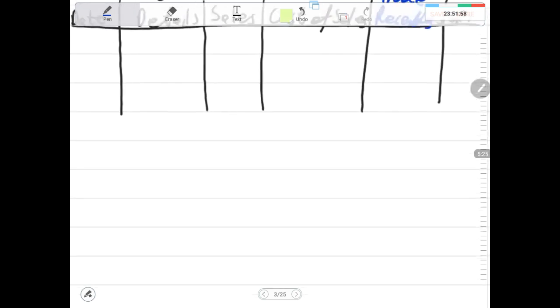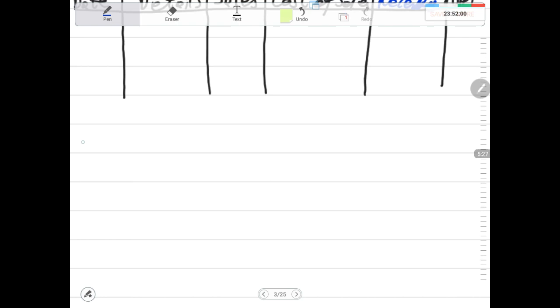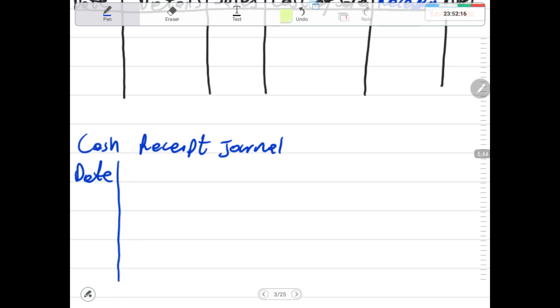Then after, we have another very important journal, which is called cash receipt journal. Remember, these journals are not required. It's not part of the requirement. The reason why I'm doing this is because these journals link with the reconciliation that I will be doing.